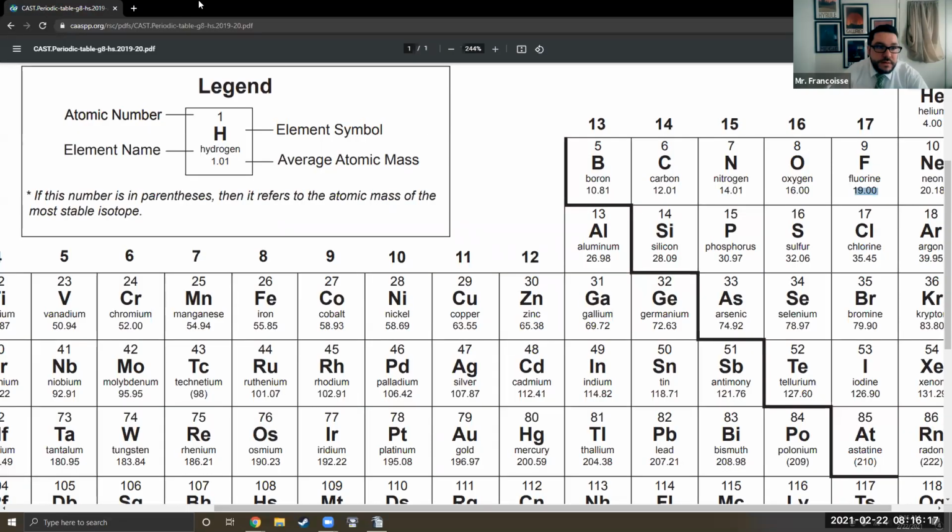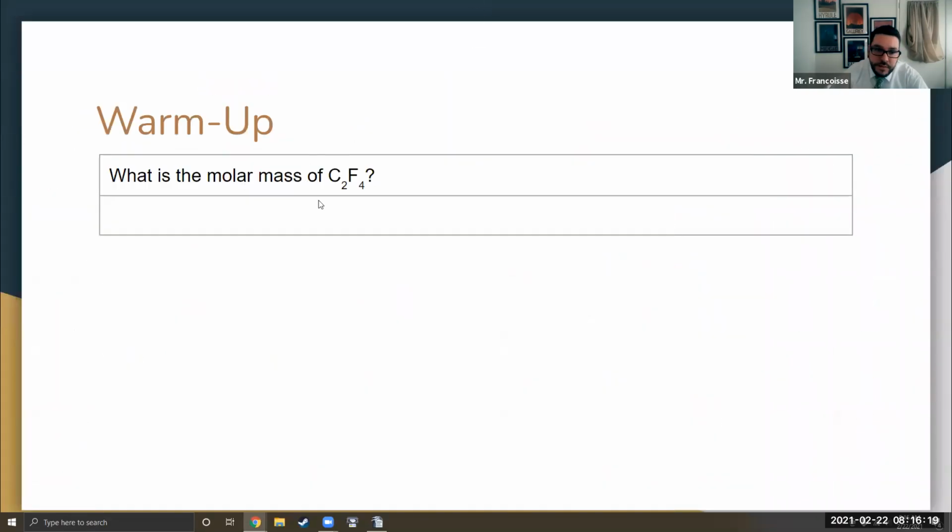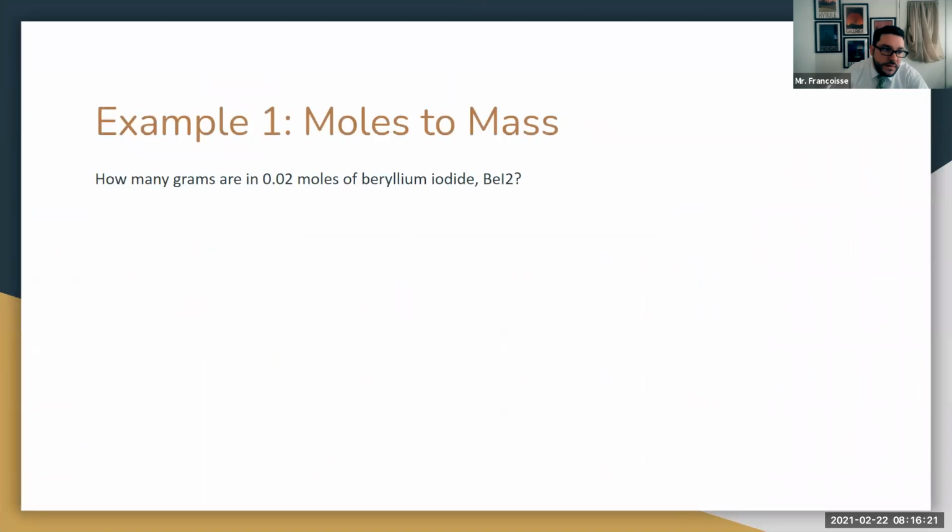So let us get rid of the periodic table for now. Our first example here, they want us to know how many grams are in 0.2 moles of beryllium iodide. So we have BeI2. So this is going to be our first example.